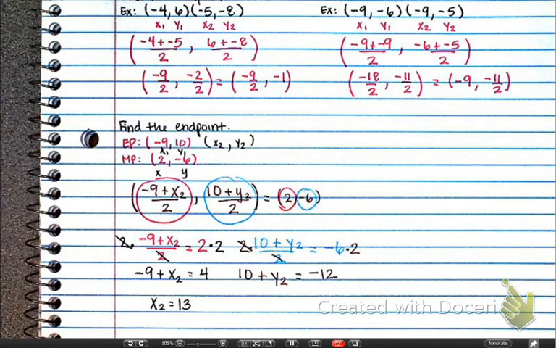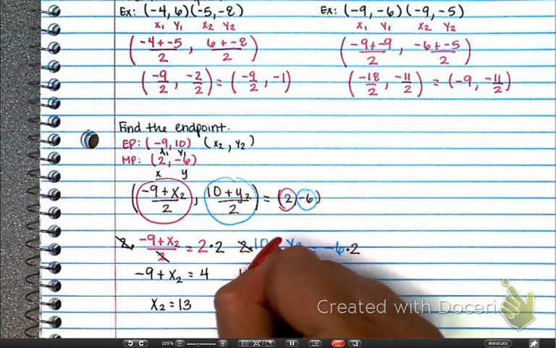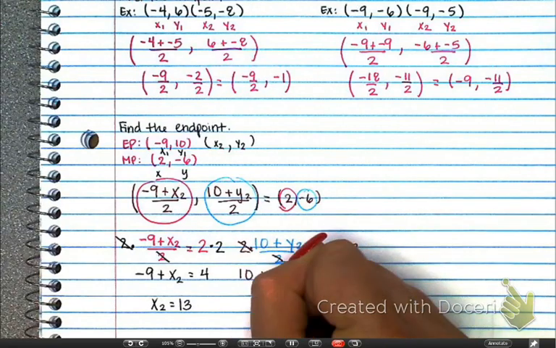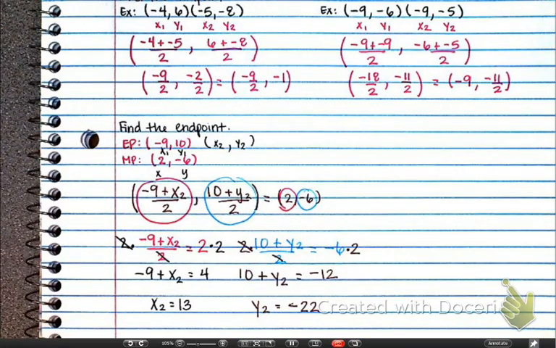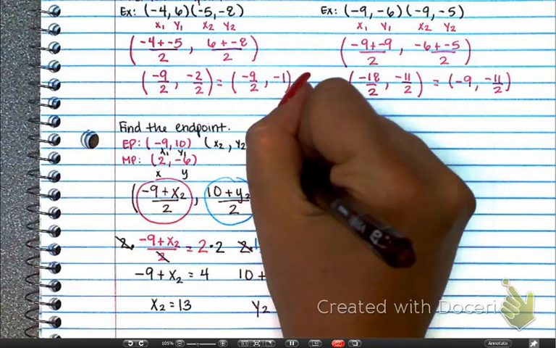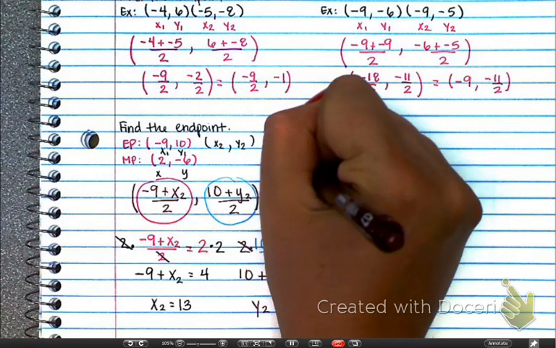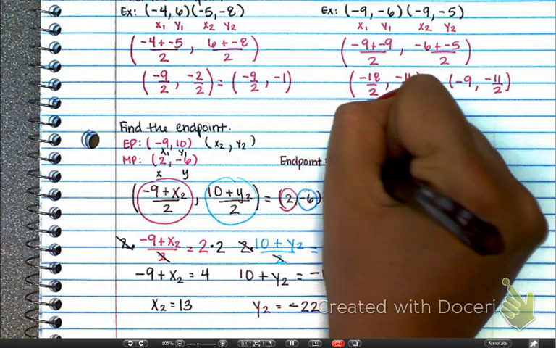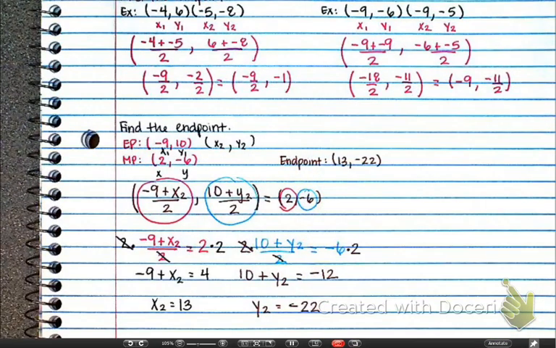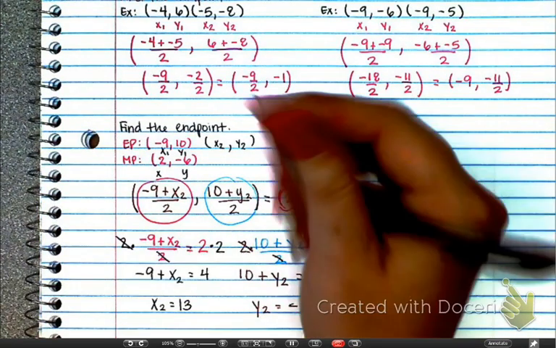And if I subtract 10 from both sides, I get y2 equals negative 22. Which means that final endpoint, which I'm looking for, is (13, negative 22). So this would be my answer.